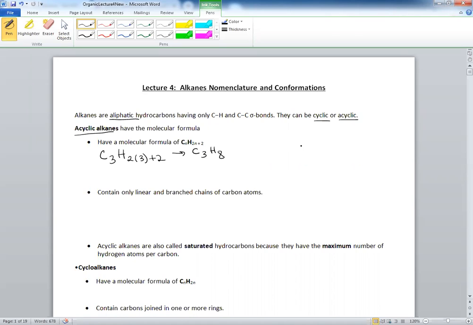If you have something like a C9, then H will be 2 times 9 plus 2, which is C9H20. So that's the formula. They can contain only linear chains or branch chains.